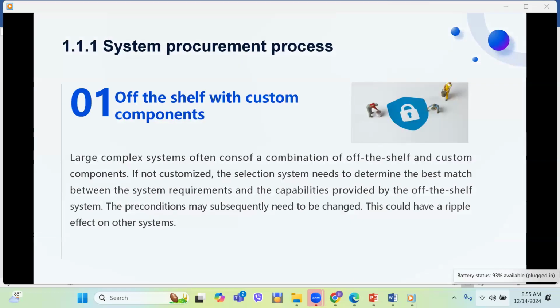System procurement process. 1. Off-the-shelf with custom components. Large complex systems often consist of a combination of off-the-shelf and custom components. If not customized, the selection process needs to determine the best match between the system requirements and the capabilities provided by the off-the-shelf system. The requirements may subsequently need to be changed. This could have a ripple effect on other systems. 2.